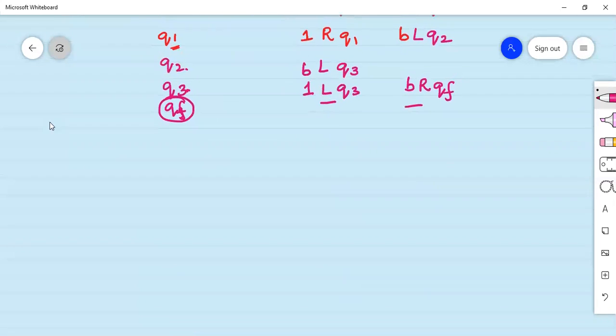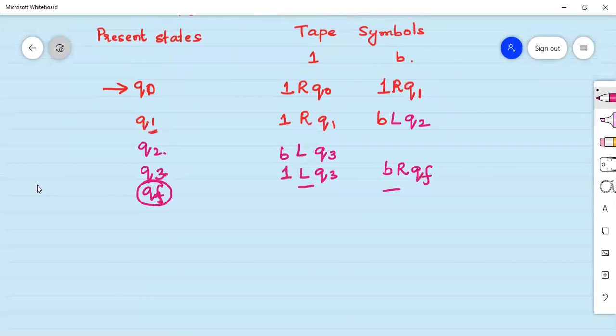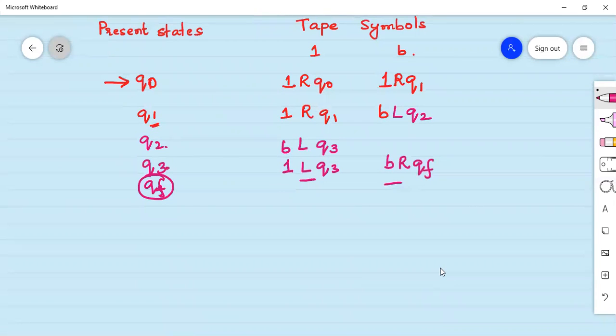Let's take one example fast and trace this. So let us take, we have started at Q0. We have 2 symbols, a blank. And then again, let us say I have 3 symbols. So Q0 on 1, and Q0.